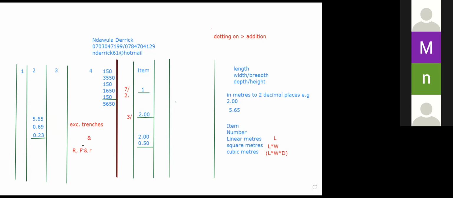Now, what if I had a scenario whereby the same description has different dimensions? I have 7.25, then say 0.56 and then 0.23.